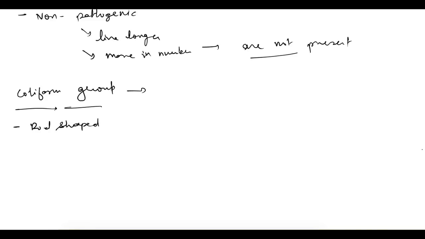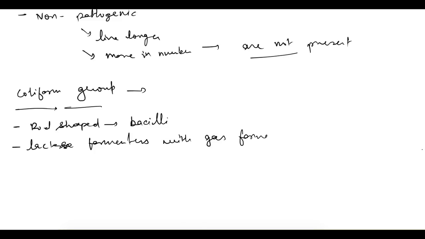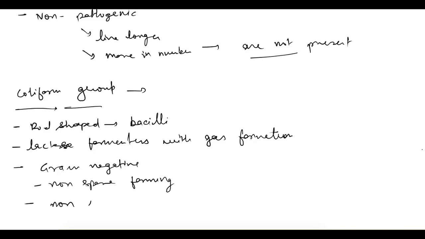Earlier we saw the different shapes, and this is called bacilli, and these are lactose fermenters with gas formation, and these are gram negative, non spore forming, and non acid fast.